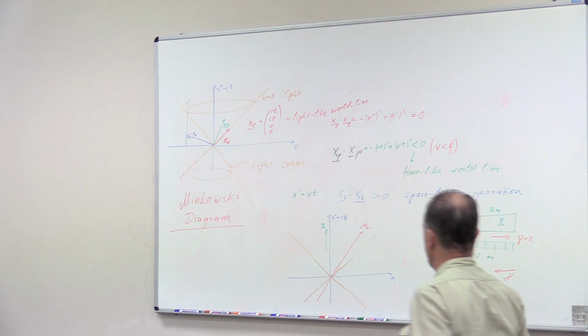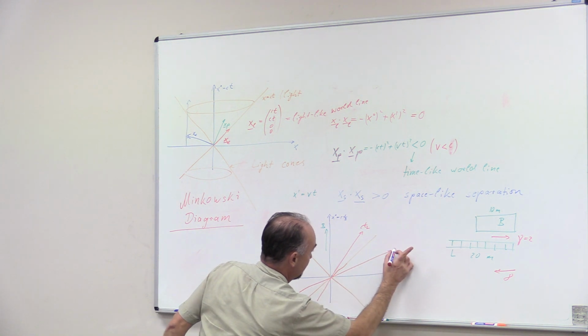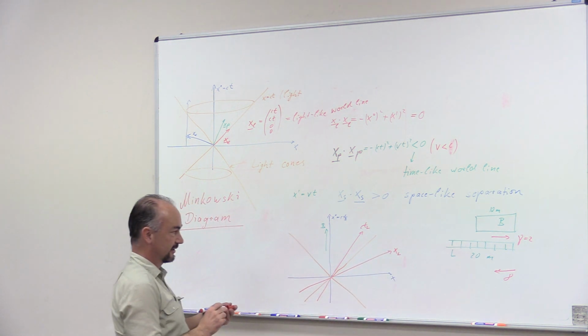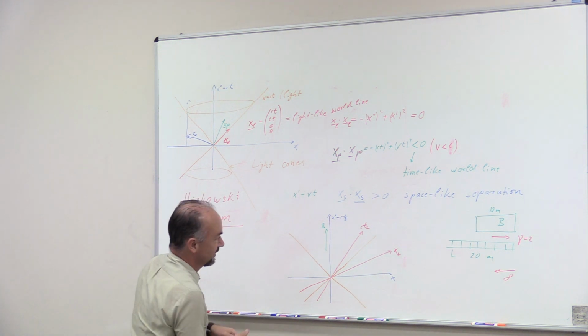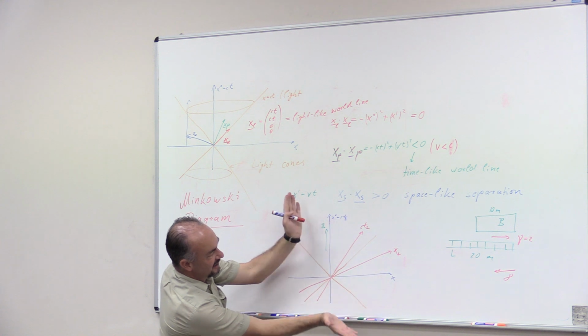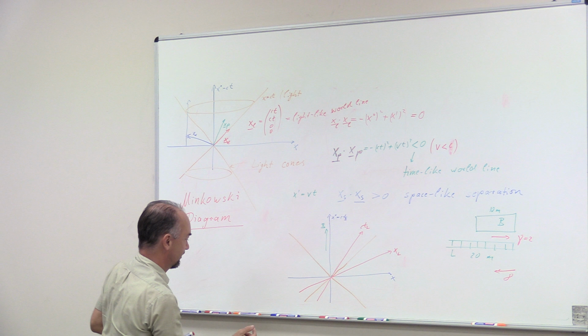So the ladder sees things at the same time as they are on this axis. This is the x-axis for the ladder in this diagram. So you can here also see how time and space are essentially just mixed into each other and twisted into each other.